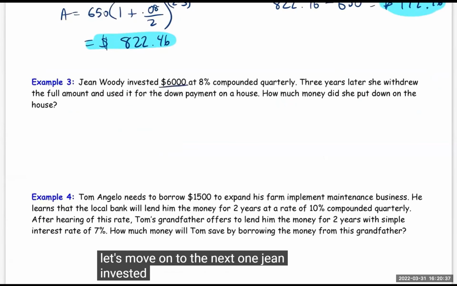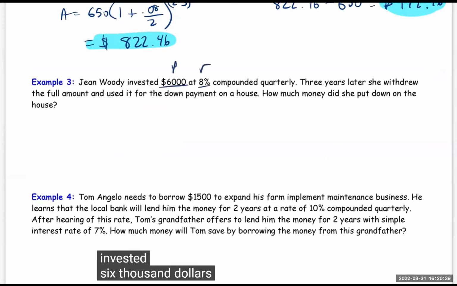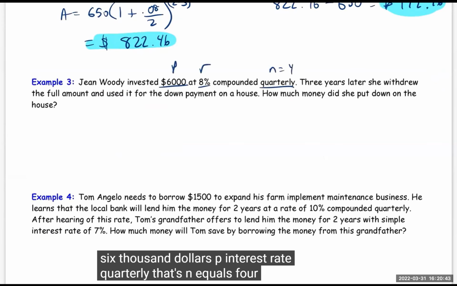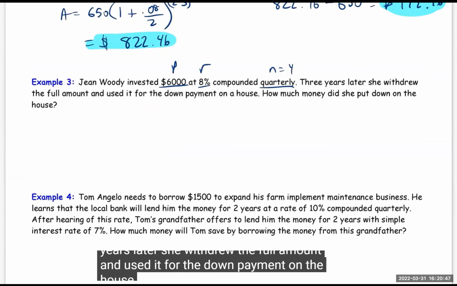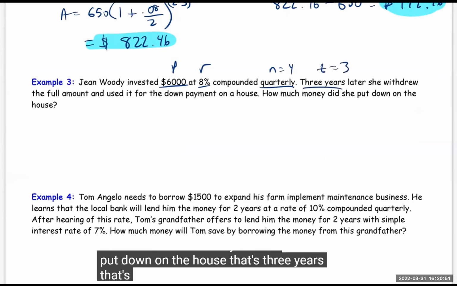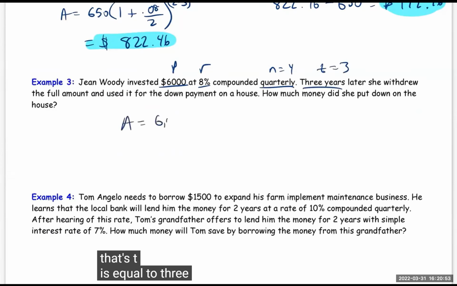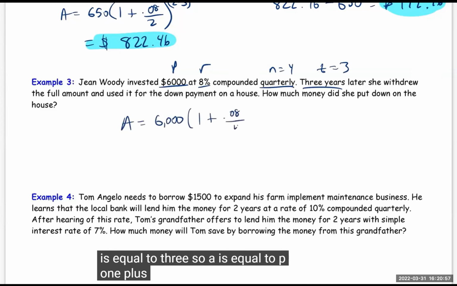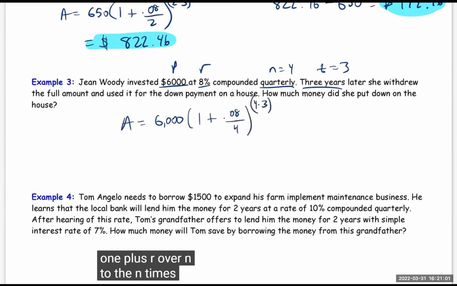Jean invested $6,000. P, interest rate, quarterly, that's N equals 4. 3 years later, she withdrew the full amount and used it for the down payment on the house. How much money did she put down on the house? That's 3 years. That's T is equal to 3. So A is equal to P times 1 plus R over N to the N times T, which is 12.